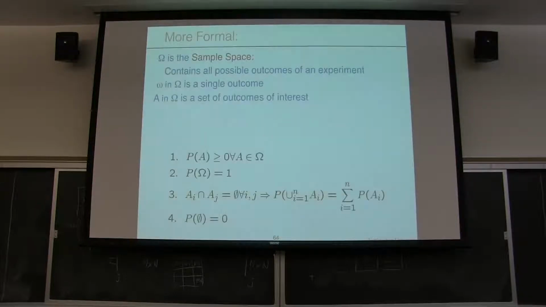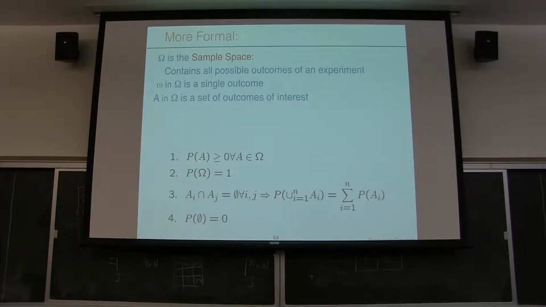More formally, to define probability, what we need is a set of all possible outcomes. We call that our universe, big omega. Then we have outcomes in that set, which we call little omega. And then I can have subsets of outcomes, which we're going to represent with capital letters like A. Now I have to have the following properties to have defined probability on the set omega.